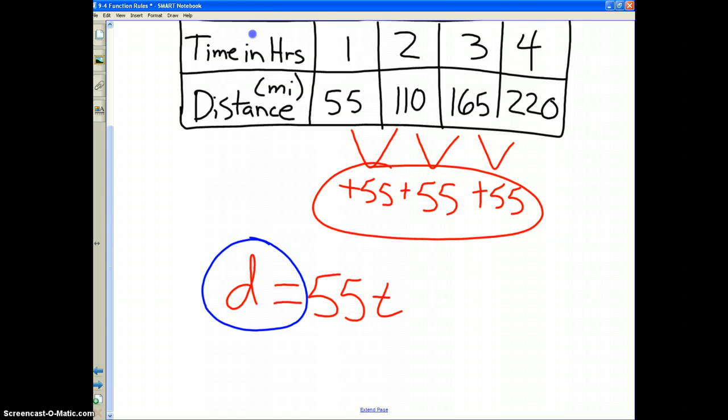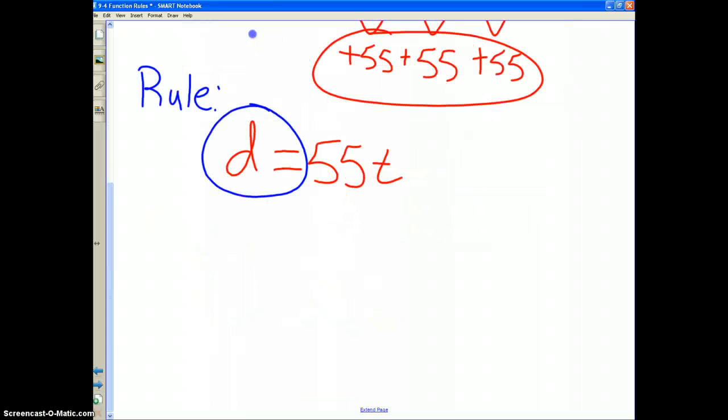So this is what we would call a rule. A rule has an equals sign in it. Now we can use an equation like this to see how far we could travel in, say, 8 hours.